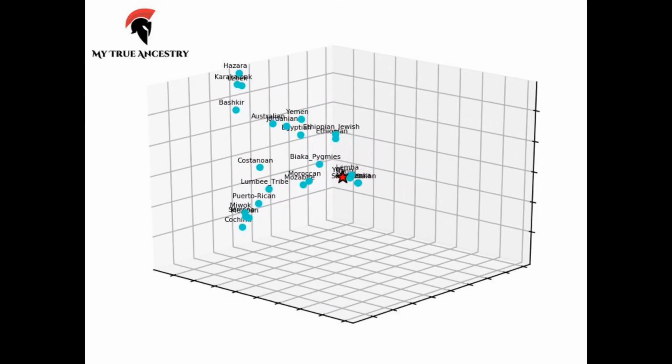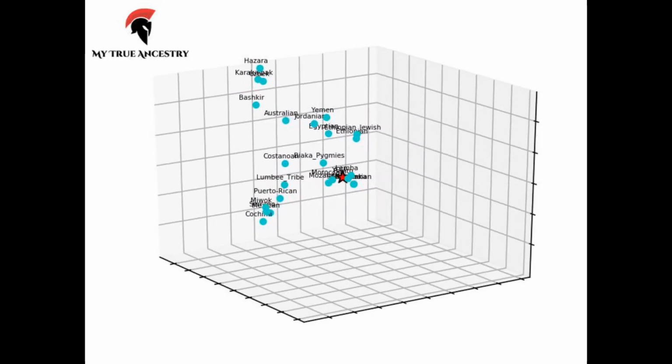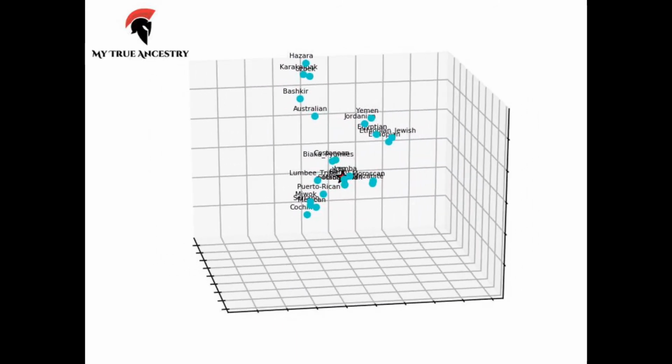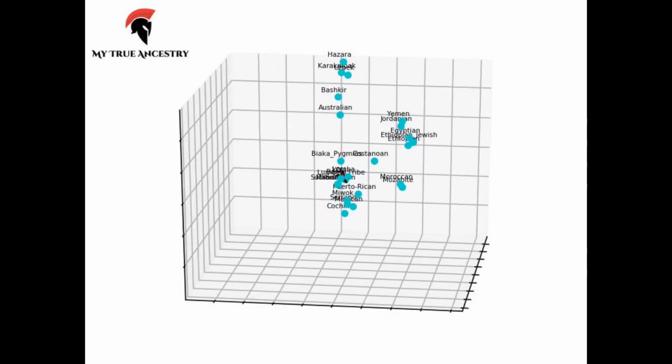Next, we have the Mandinka people, or the Malinke, which are a West African ethnic group primarily found in southern Mali, eastern Guinea, and northern Ivory Coast. And they are the largest subgroup of the Mande peoples and one of the largest ethnic linguistic groups in Africa.